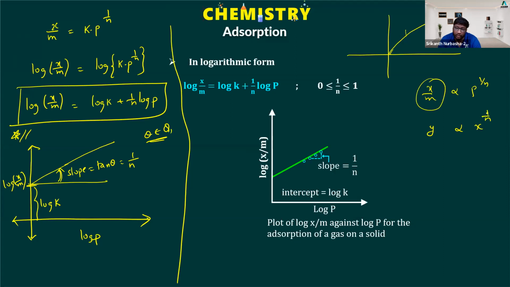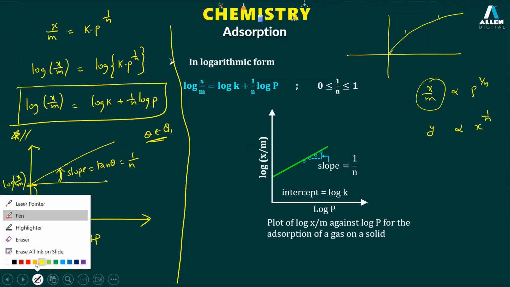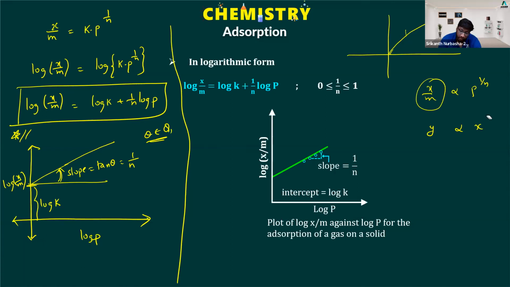Can I take 1 by n as 0.5? In between 0 and 1, we have 0.5, or not? Yes, sir. So I can take 1 by n as 0.5. So y is directly proportional to x power 0.5, or y is equal to some constant k into x power 0.5. This was the equation for that particular curve.